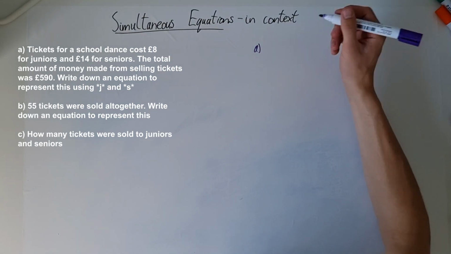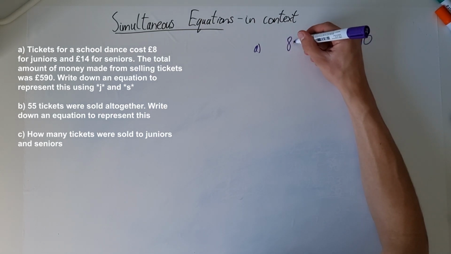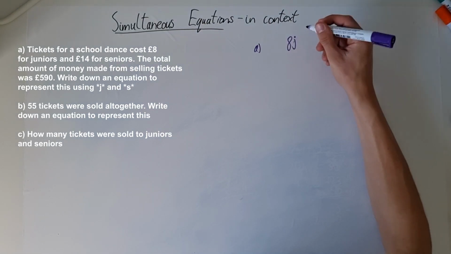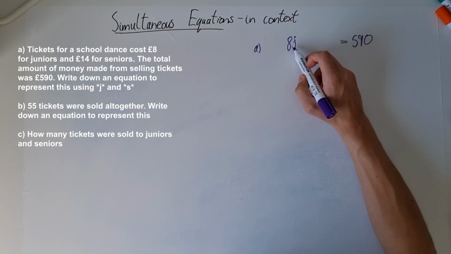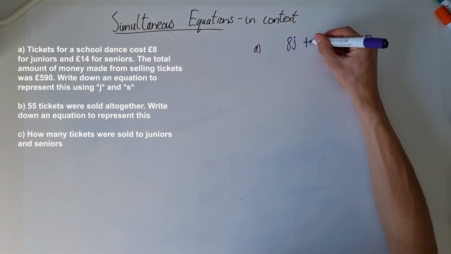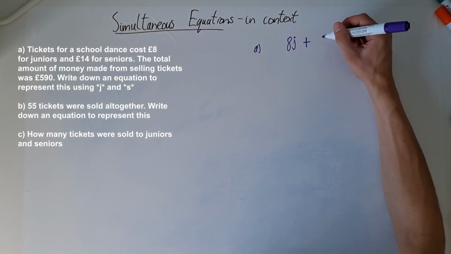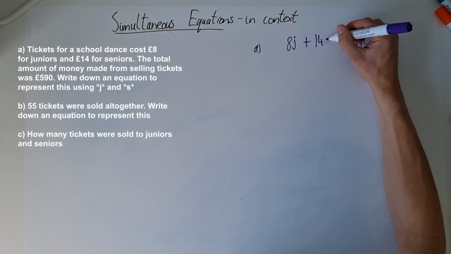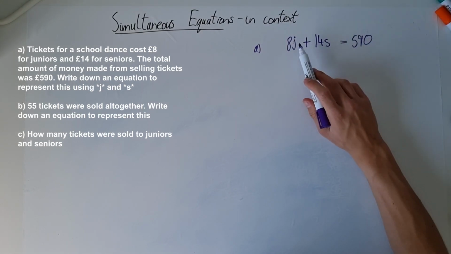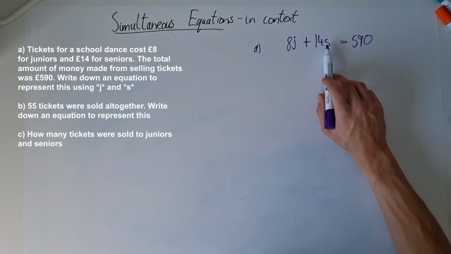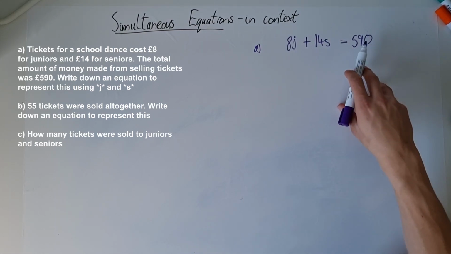But we know it was £8 for juniors, so it's going to be £8 times a certain amount of tickets sold as juniors, and we know it was £14 for seniors. So we know a certain combination of junior tickets and senior tickets equals £590, so we can write our first equation here.